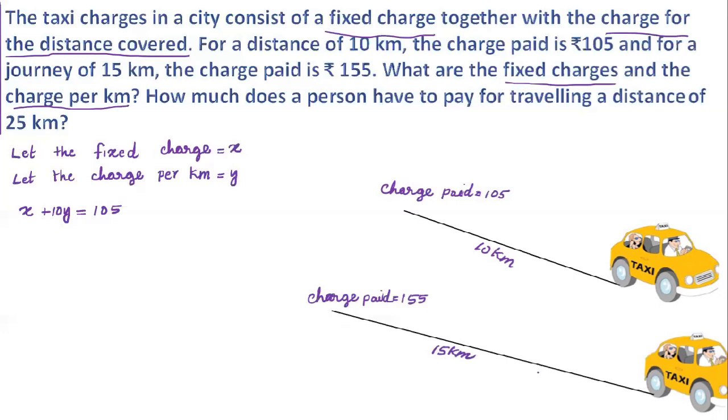And for the distance of 15 kilometer, for 1 kilometer it is y, so for 15 kilometer it is 15y. For that we have to add x. So x plus 15y is equal to 155. Take this as equation 1 and equation 2. We got two equations. Now you can solve these two equations by elimination method.